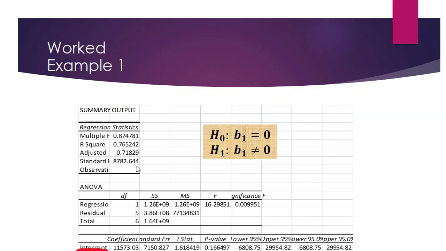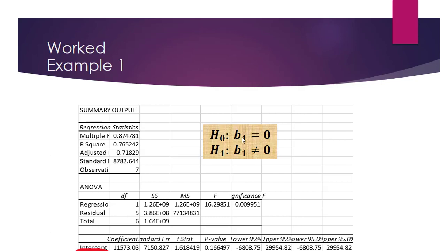So looking at the output, specifically the advertising expenditures row, this relates to the coefficient of beta 1, which is the slope of the regression line. This will tell us whether there is a relationship or not between sales and advertising expenditures. By default, statistical software packages conduct this hypothesis test of whether the B1 coefficient is equal to 0 or not equal to 0.